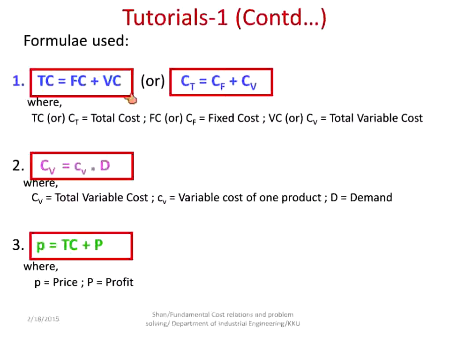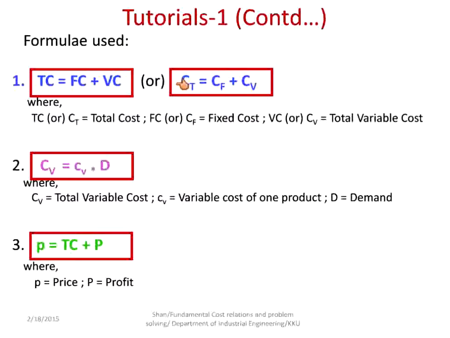You see, the fundamental cost relations I have already explained in my previous lecture. We have 3 important formulae. You can also call it a law. See, number 1 is TC, that is total cost, equal to fixed cost, FC, plus variable cost, VC.